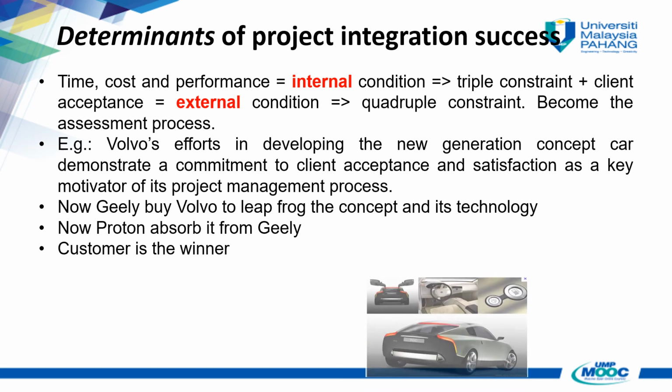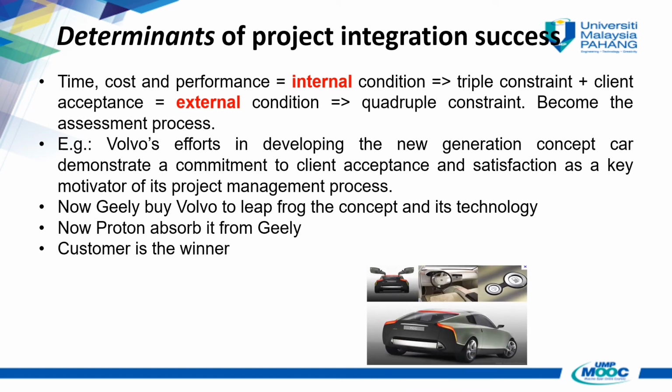So what is the external condition here? External condition means this will become another parameter, we call it the quadruple constraint. And once this happens, the internal plus the external here will become an assessment process.